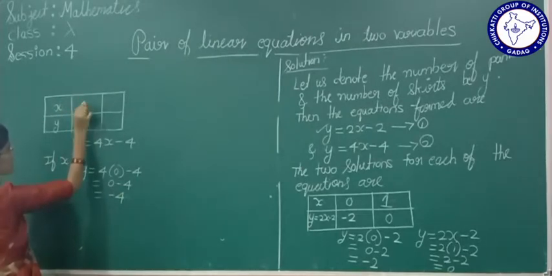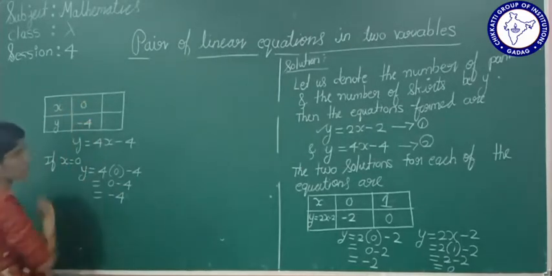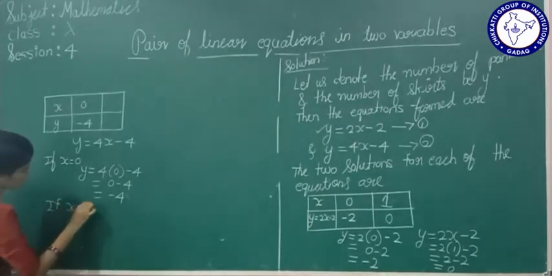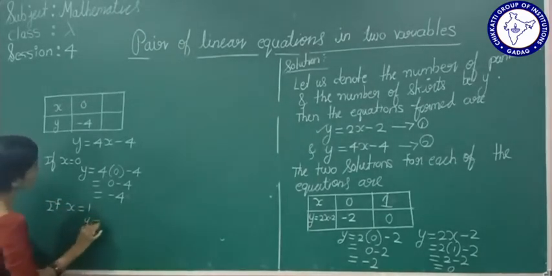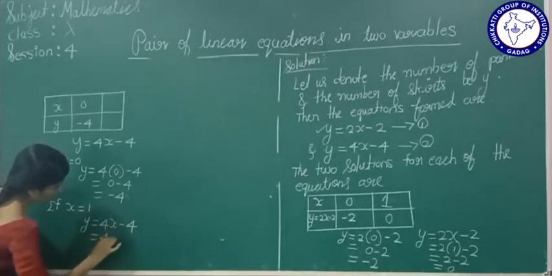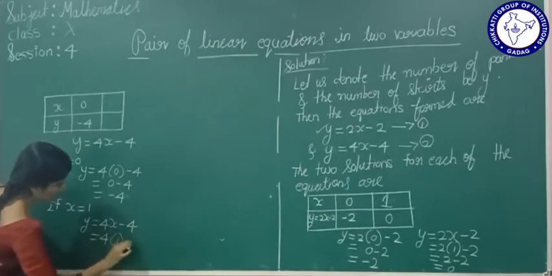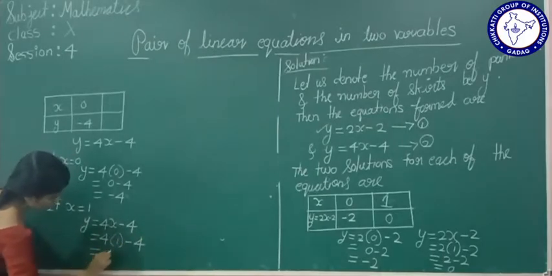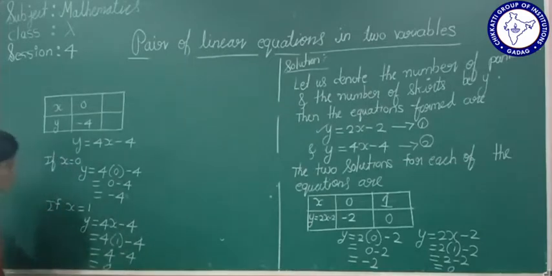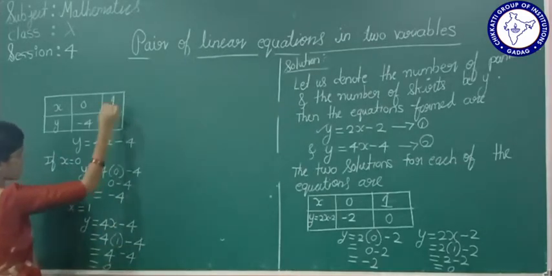If x is 0, y is minus 4. If x is 1, y is 4x minus 4, 4 ones are 4, 4 minus 4 is 0. If I put x value 1, the value of y is 0.